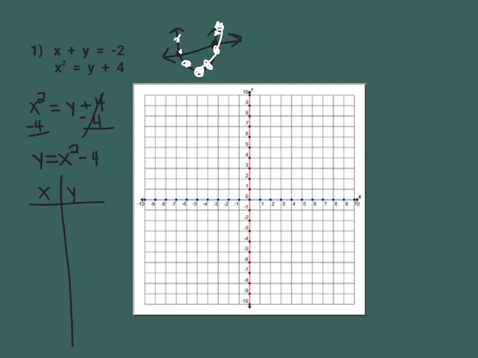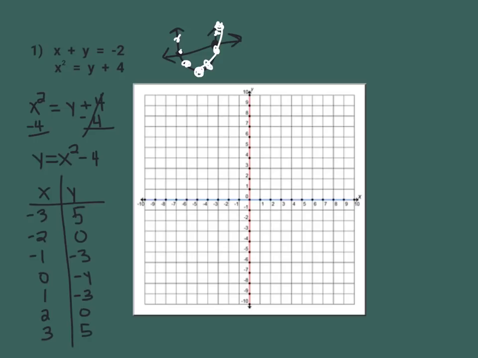So we went from negative 3 all the way up until positive 3 as our domain, and the y values that correspond with that are, sorry, I messed that one up. That's a negative 5. Oh no, positive 5, I'm sorry. 0, negative 3, negative 4, negative 3, 0, and 5.